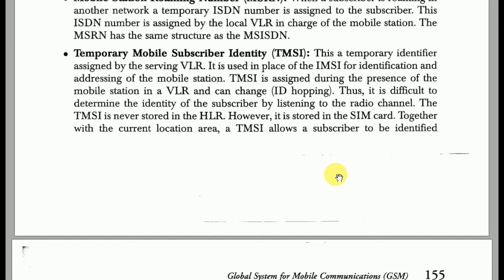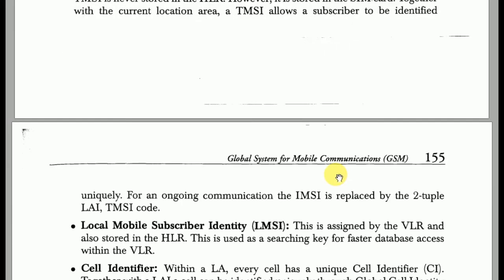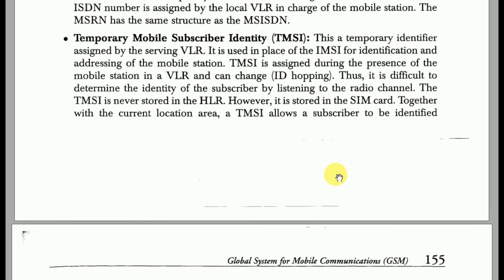The TMSI is never stored in the HLR, however, it is stored in the SIM card. Together with the current location area, a TMSI allows a subscriber to be identified uniquely. For an ongoing communication, the IMSI is replaced by the two-tuple LAI, TMSI code. So the temporary mobile subscriber identity is assigned by the foreign VLR and is used instead of IMSI during roaming.